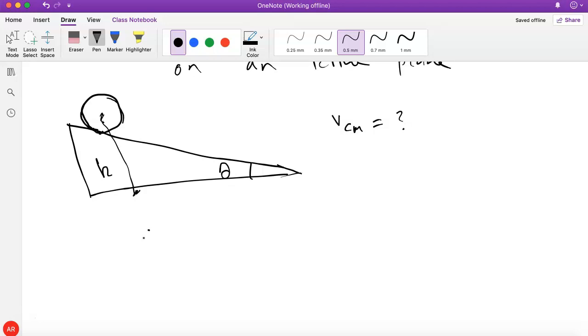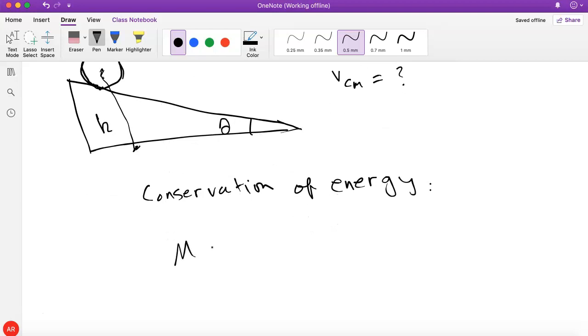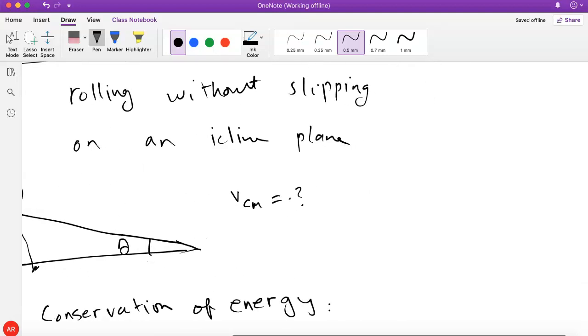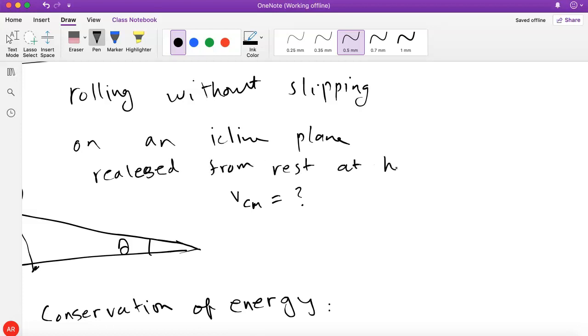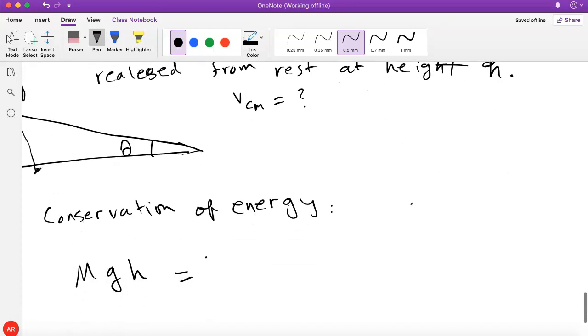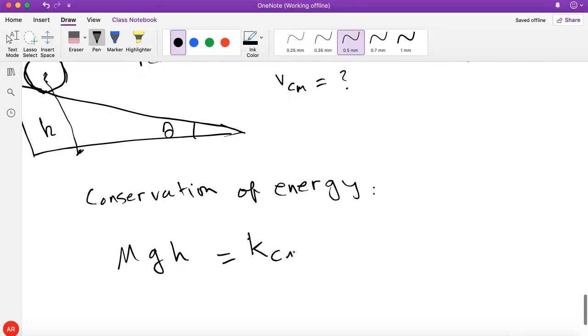So the equation I can write now is mgh, that's how much potential energy I lost, must become, if you release it from rest, let's say, the center of mass kinetic energy plus rotational kinetic energy.